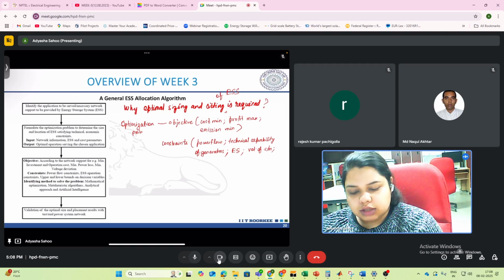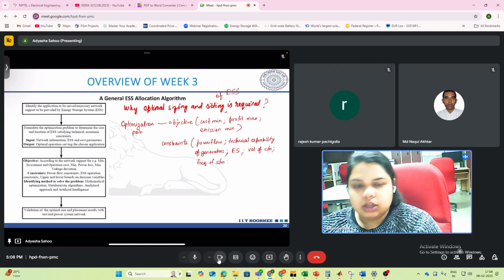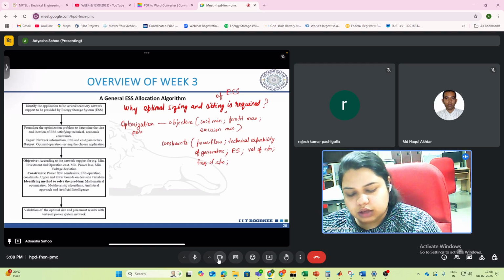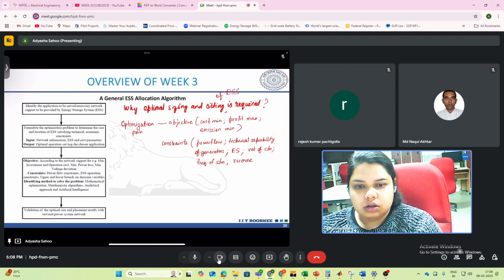Similarly, there will be constraints for frequency of the system. So we want that the frequency of the system lies between 49.5 to 50.5. Then there may be constraints for reserve. So reserve we keep in the case of contingency or faults, then these reserves can be utilized.